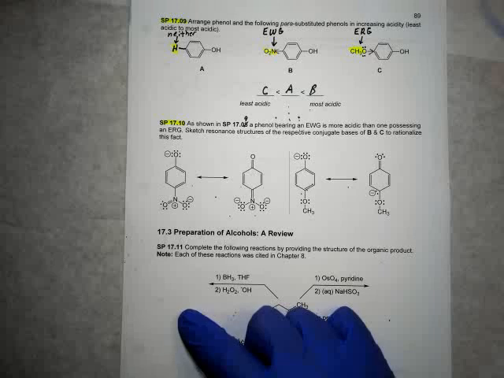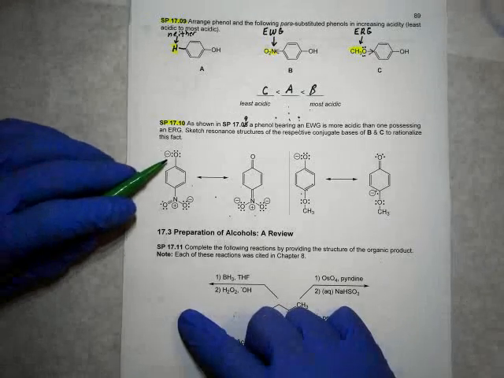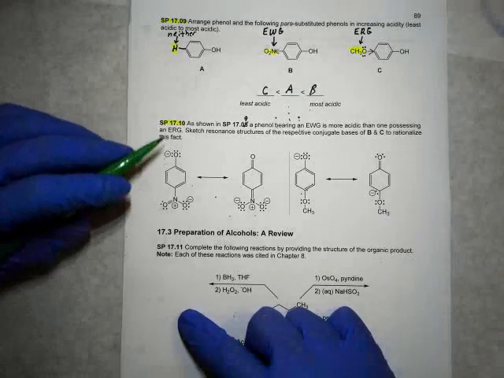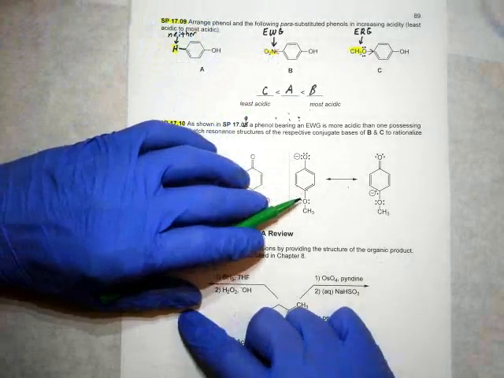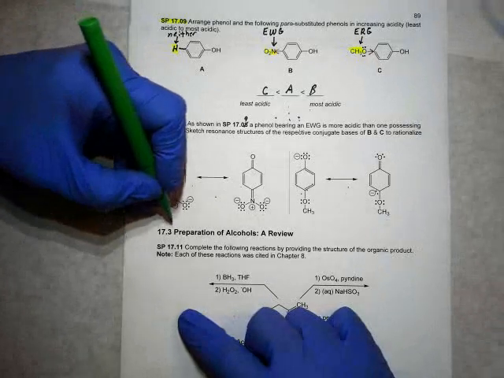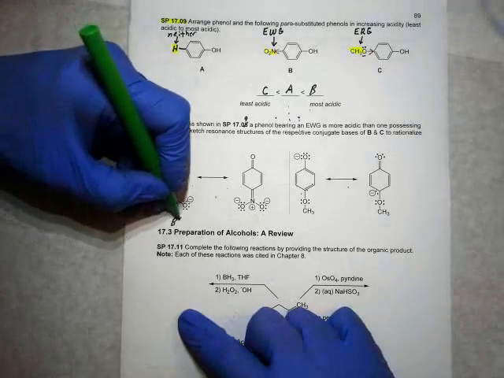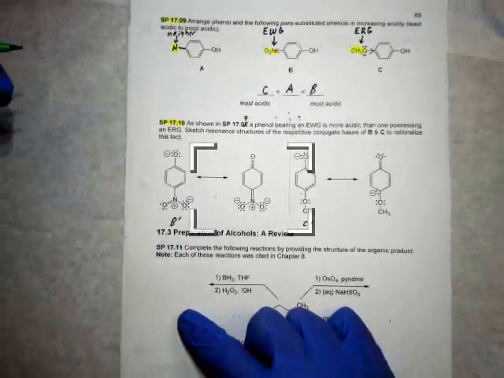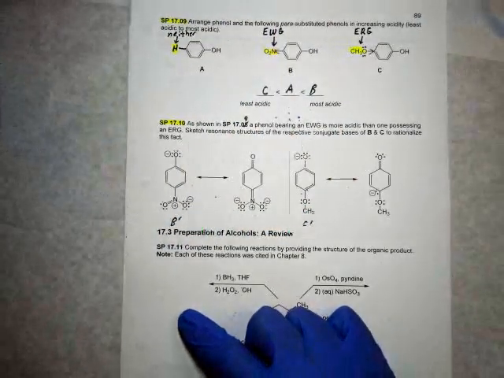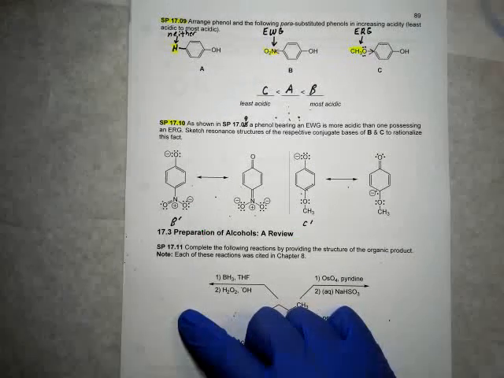So folks, these are the conjugate bases of B and C. Let me just call this one B prime, and let me call this one C prime, to indicate that these are the conjugate bases of those two species. Now recall that the more resonance structures you can draw of a compound, the more stable.